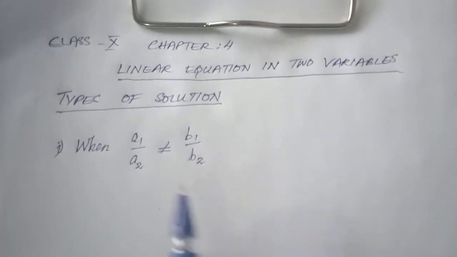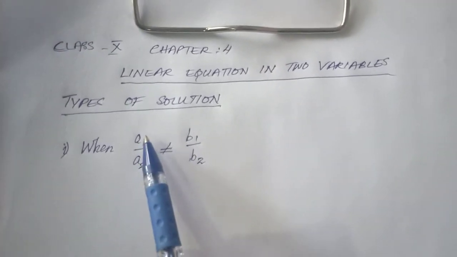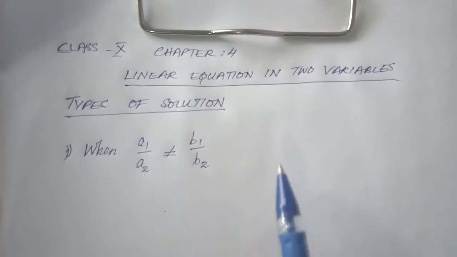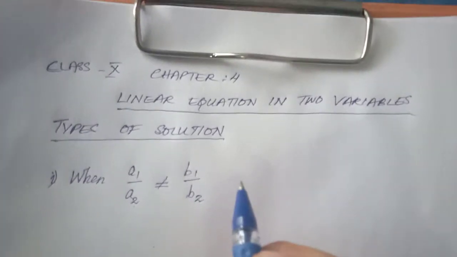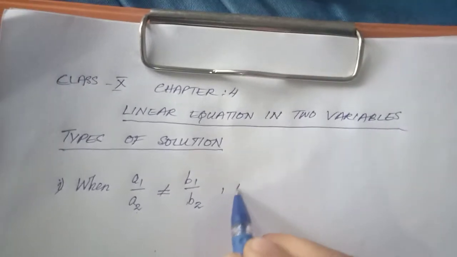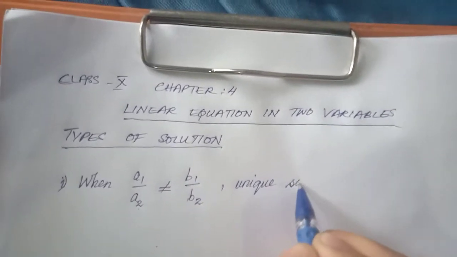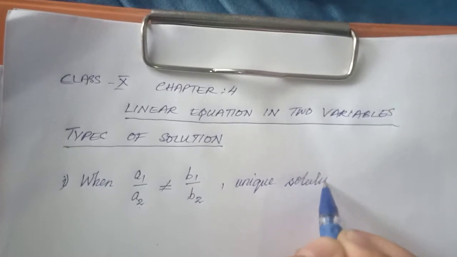So if a1 by a2 is not equal to b1 by b2, that means we have a unique solution. That means we have a single solution.